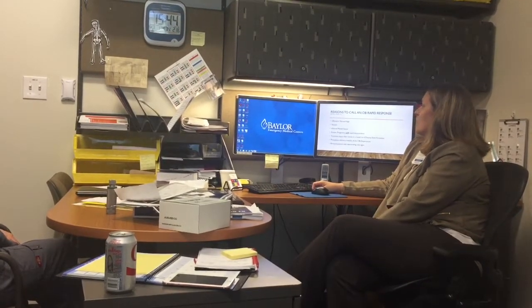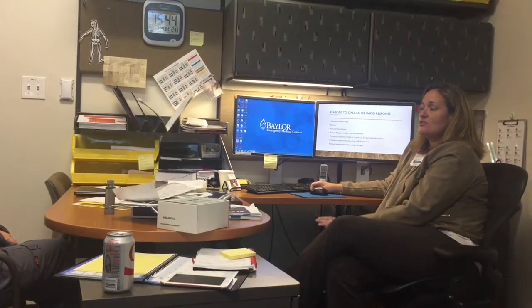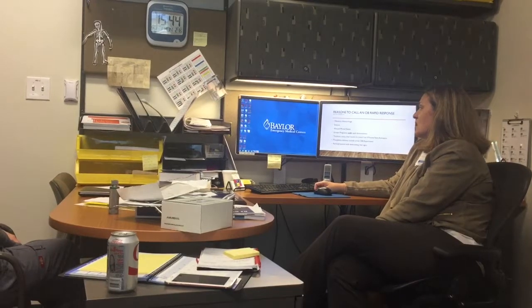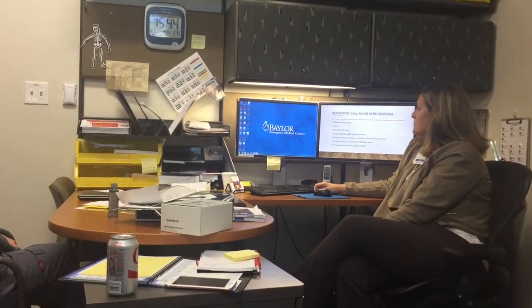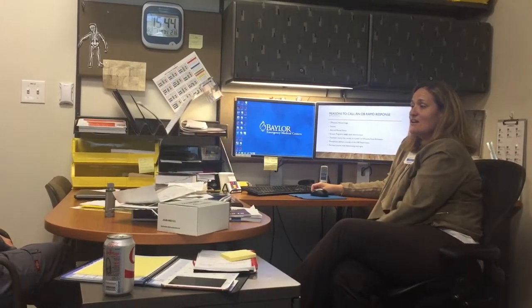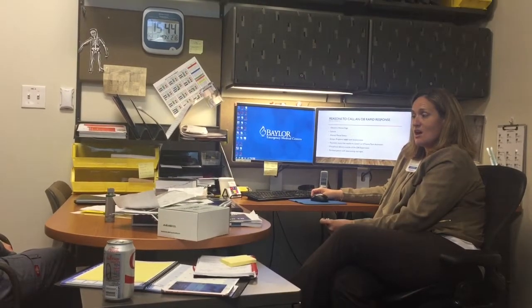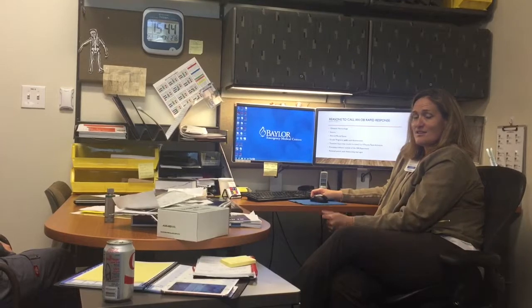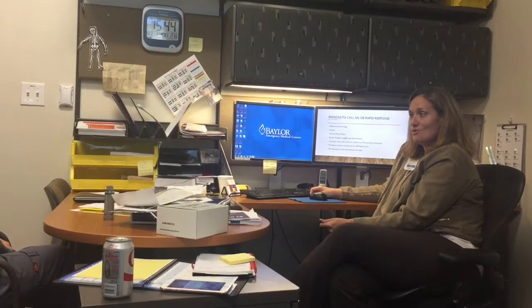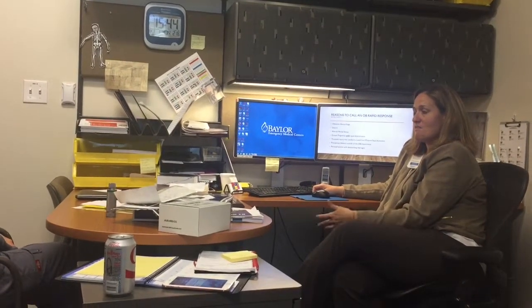So when would we call an OB rapid response? This is just examples. We have strongly stressed to the staff that this is not necessarily an all-inclusive list, and that your judgment and the physician's judgment should also be used. An obstetric hemorrhage would be a reason. Actively seizing: as ER nurses, when a seizing patient comes in, we don't necessarily think of the hypertension that goes along with pregnancy.